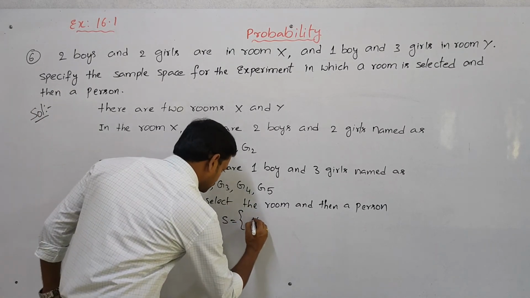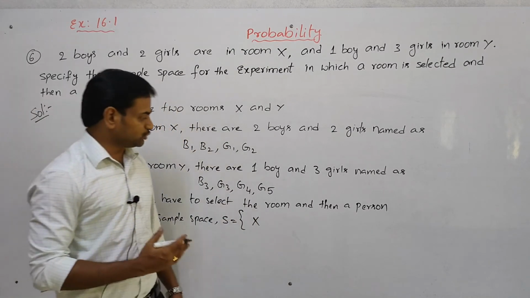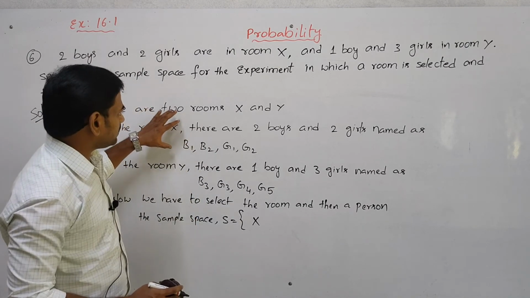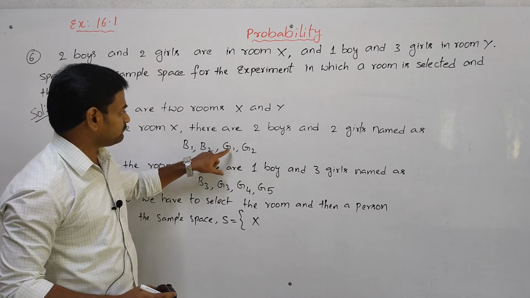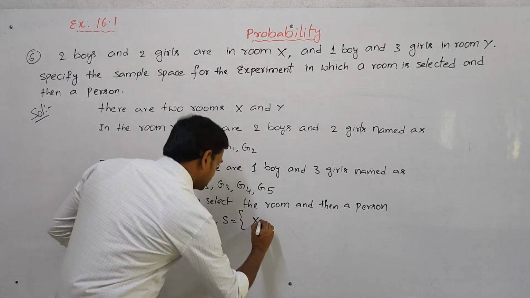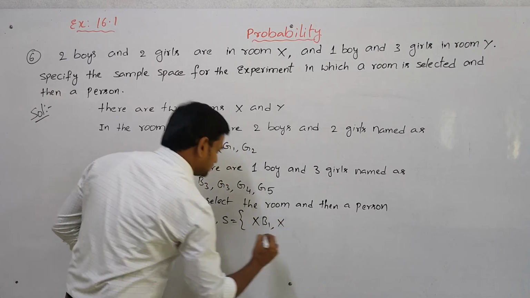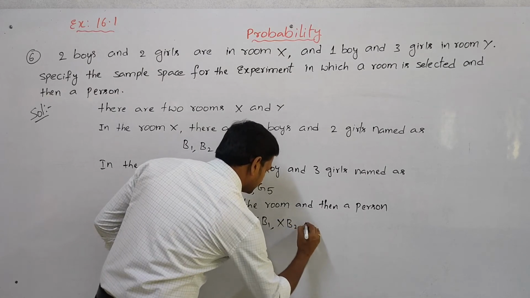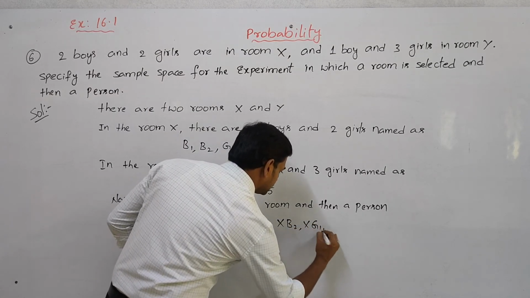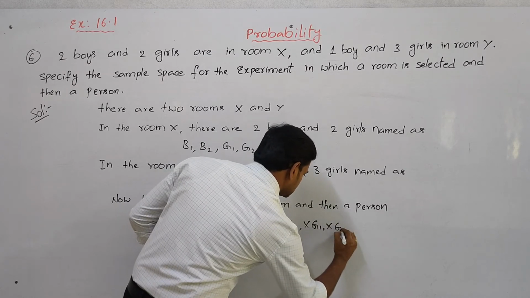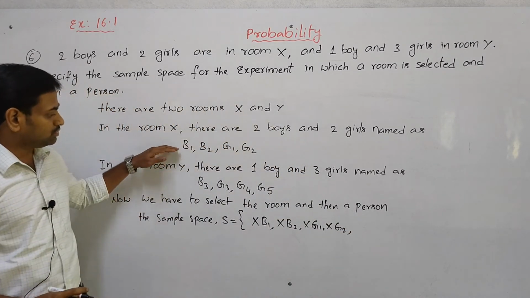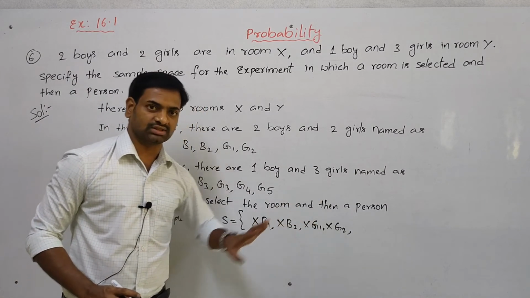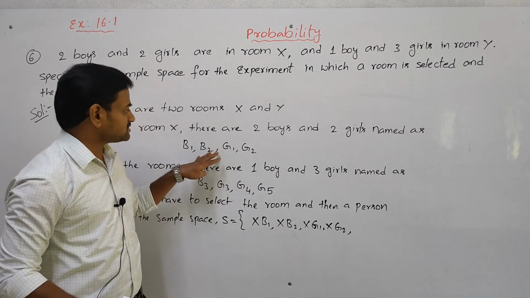So first I am choosing the first room X. After choosing the room, we have to select the person. In the room X, the persons are B1, B2, G1, G2. So with X I am writing X B1. Next, in X only, the remaining 3 persons: X B2, X G1, X G2. So room person, room person, room person, room person. So in the room X, 4 persons completed.